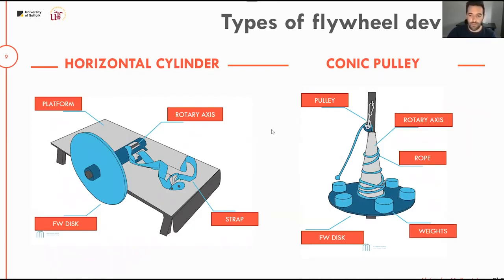The main difference between both of them is the rotary axis. While in a conic pulley it's much more variable along the ROM, in the horizontal cylinder it is still variable because the strap recoils around it, but it's less variable at the end.